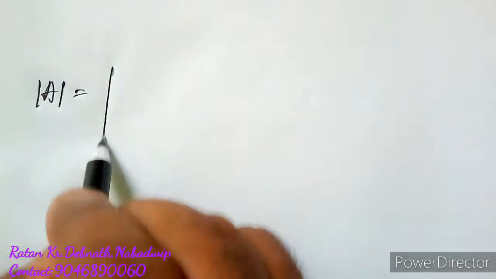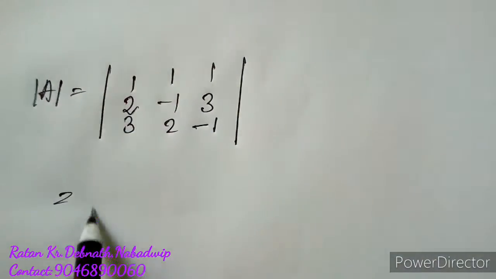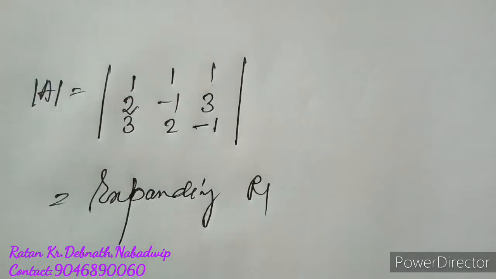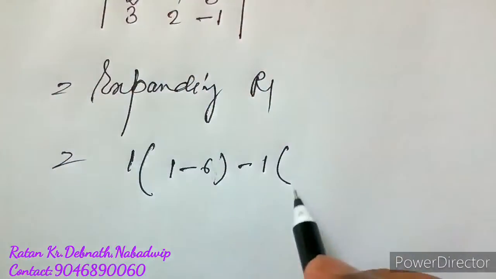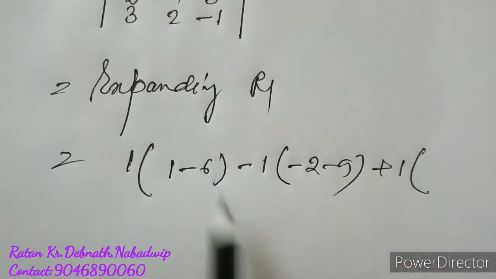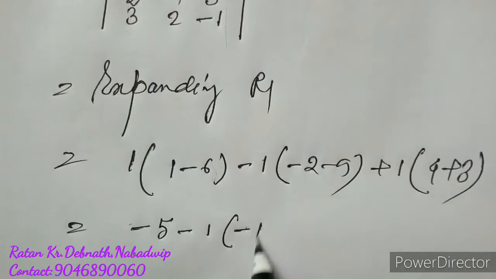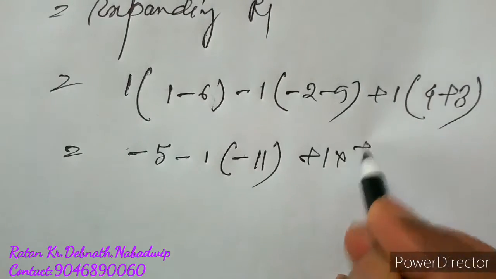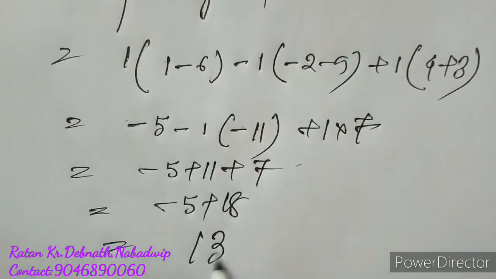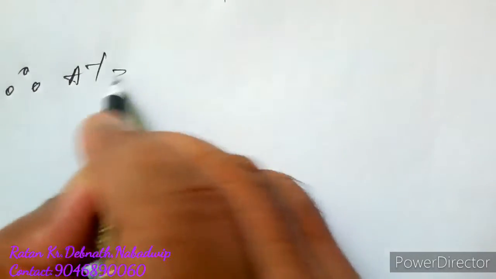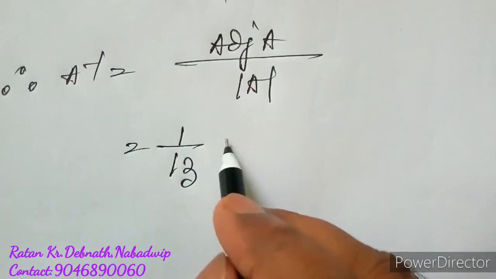Now det A equals to, therefore A inverse equal to adjoint A by determinant A, 1 by 13.